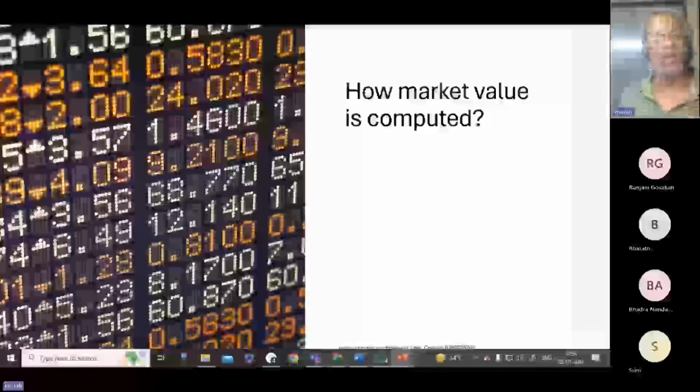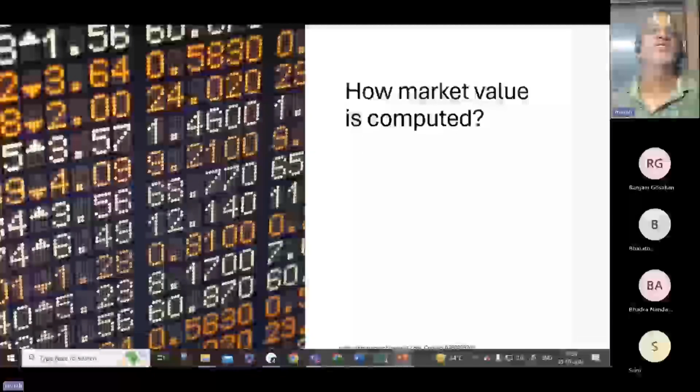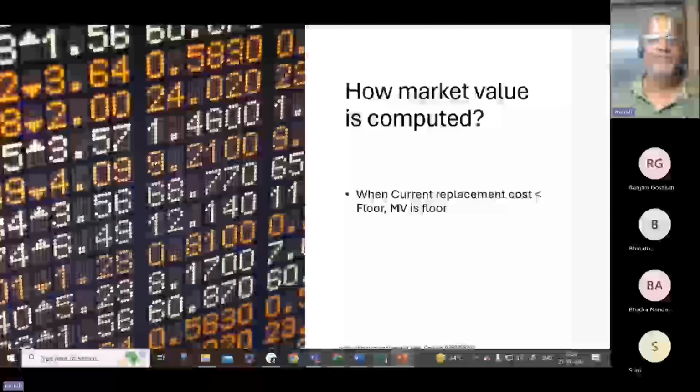How market value is computed. This is a fantastic piece and we are going to solve a problem immediately after this. When current replacement cost is less than floor, market value is floor.